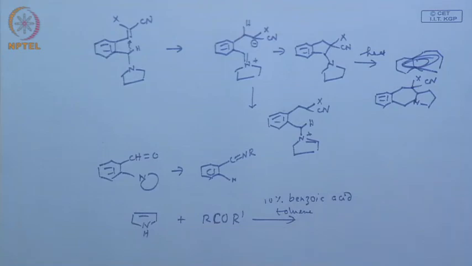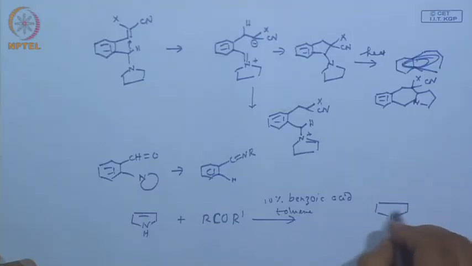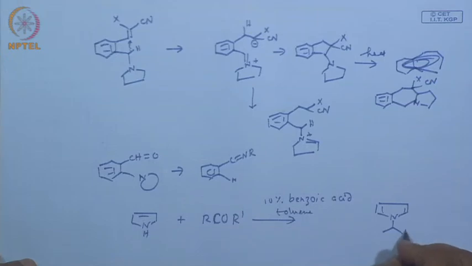What do you expect? So pyroline, 1, 2, 3 pyroline, and it is a new pyrrole synthesis. You can sit down and do the mechanism very easily without any problem. This is the product.